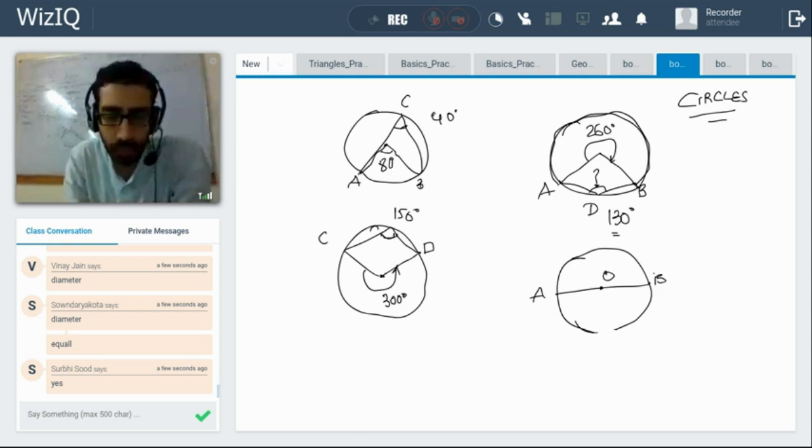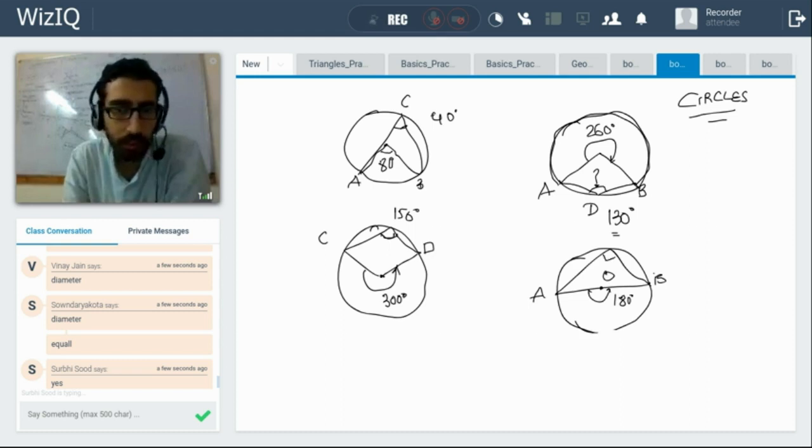So I can see AB as an arc that is subtending 180 degrees at the center, which means that it will subtend on the circumference half of that, 90 degrees. So this angle is 90, and since we've already discussed, every angle subtended by AB will be the same.